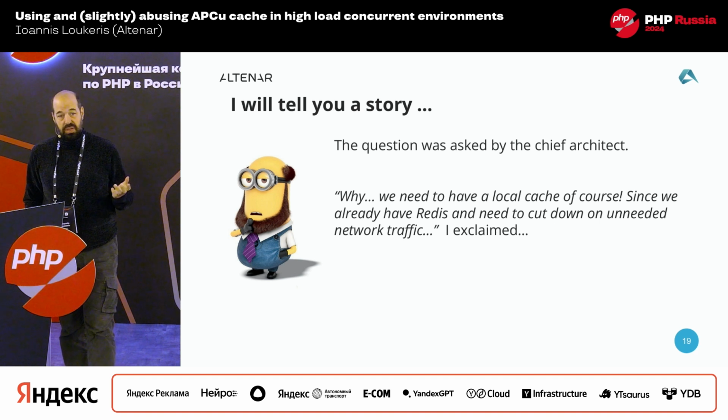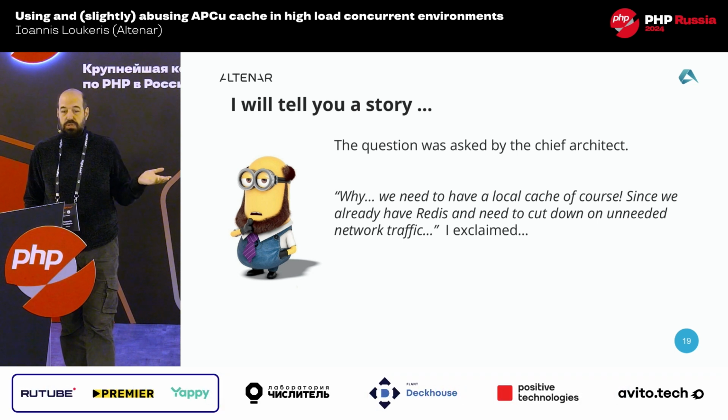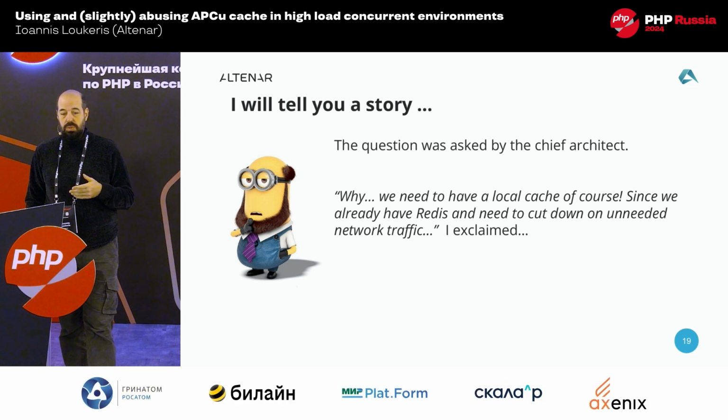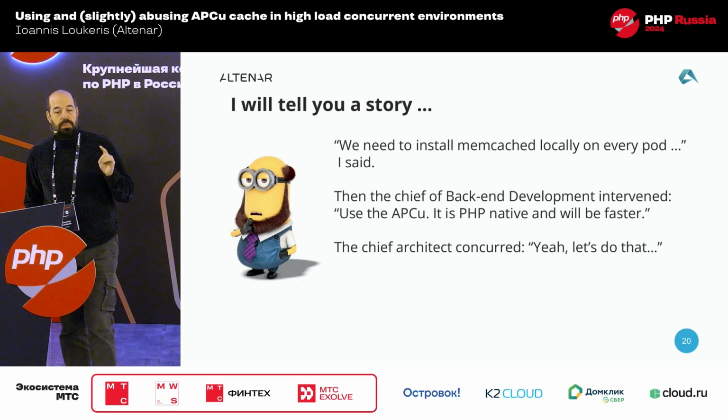Classic local caching issue, can resolve it very easily. So I said, wow, we need to have a local cache, of course. We already have Redis, we want to cut down on the network. Fine, I exclaimed, I can do it. We need to install memcached locally on every pod.